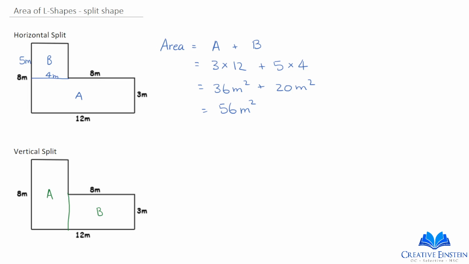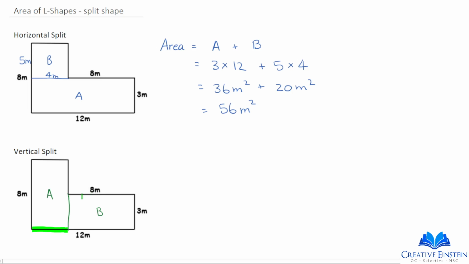Again, with B, I can tell that this is 8 and I can tell that this is 3. So I know how to find the area of my second shape. It's 8 times 3. For the area of A, I know that this is 8. But I don't know what this is yet.